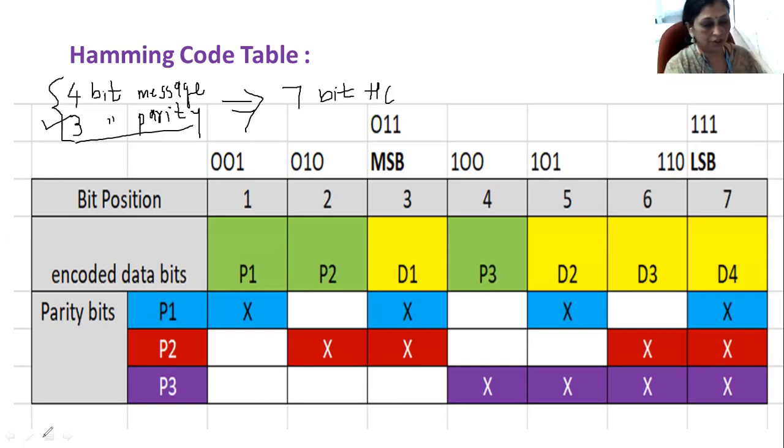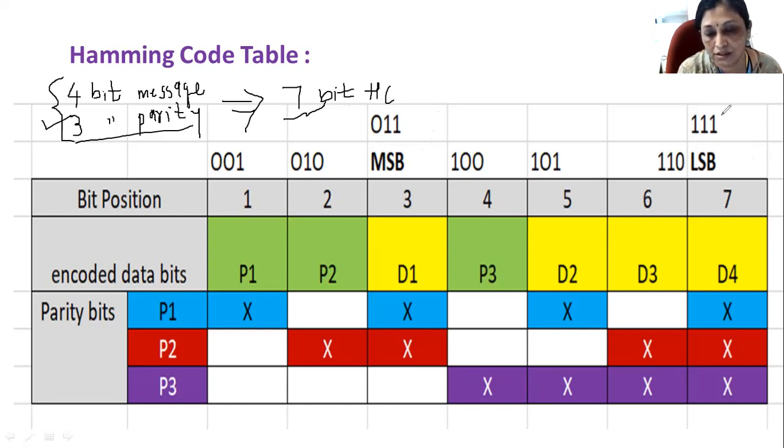So sorry for that interruption, students. So now let us understand how this Hamming code table has to be constructed. Okay, so as the code is 7-bit Hamming code, bit positions we can write here as 1, 2, 3, 4, 5, 6 and 7.